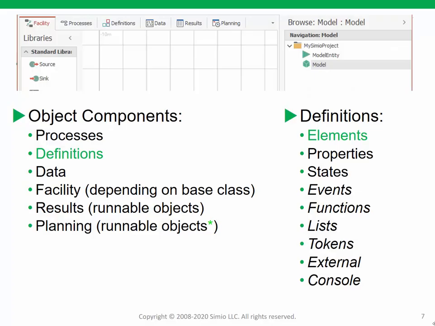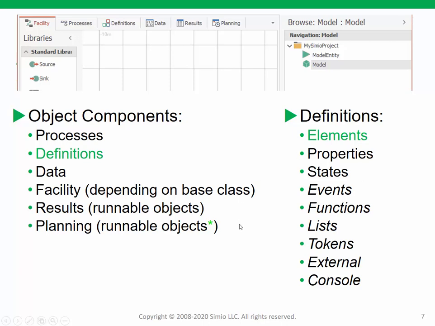You can see I have those listed here. These are all the definitions that we saw from Simio, and we will discuss all of these at some point during the training. In this video, we will end talking about elements, and then in a subsequent video in this module, we will talk about properties and states, and all of the italicized definitions we'll talk about in subsequent modules.